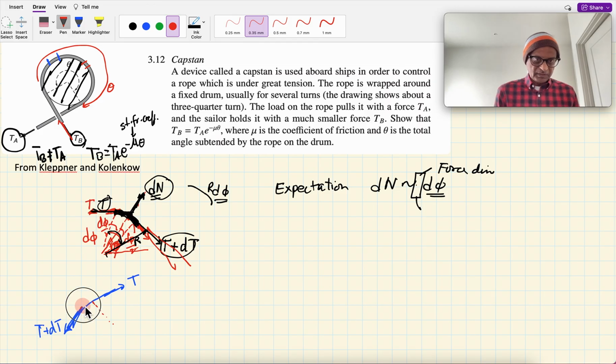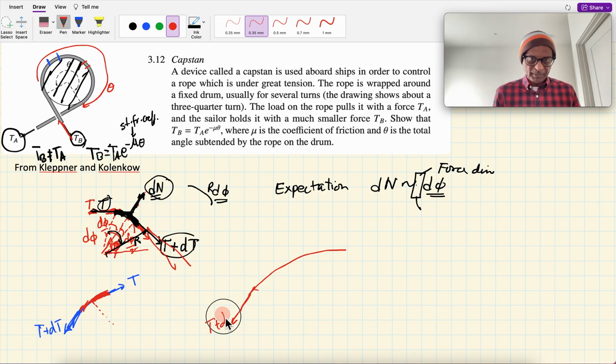These are a little bit curved. It's not flat, it's a little curved here. I'll make the curve a little bigger. So this is the T plus delta T on one end. On the other end is T, and over here is dN.